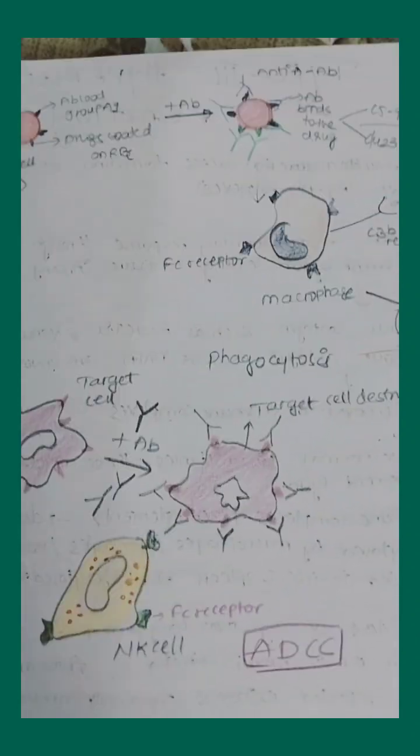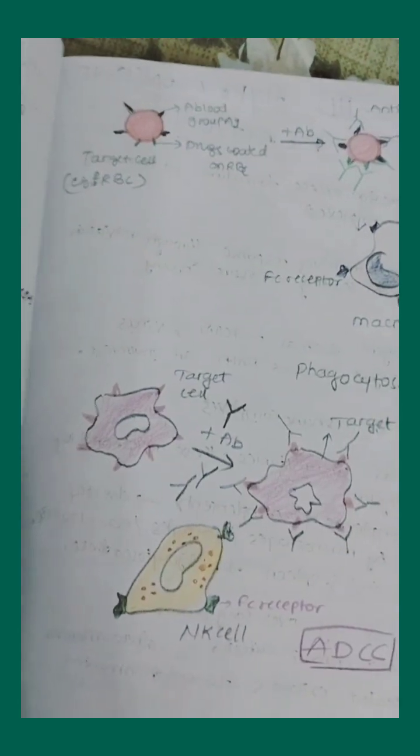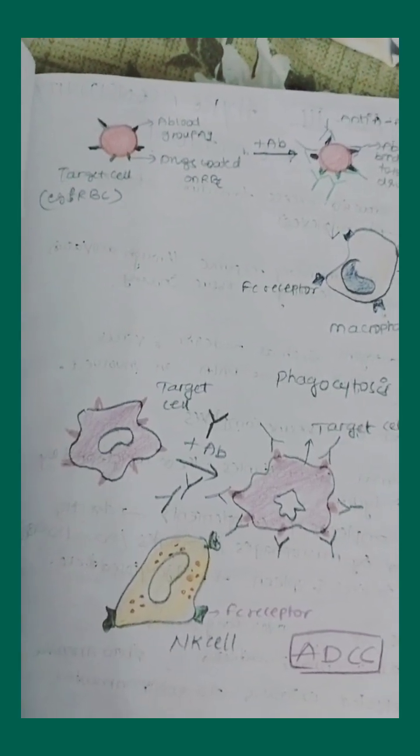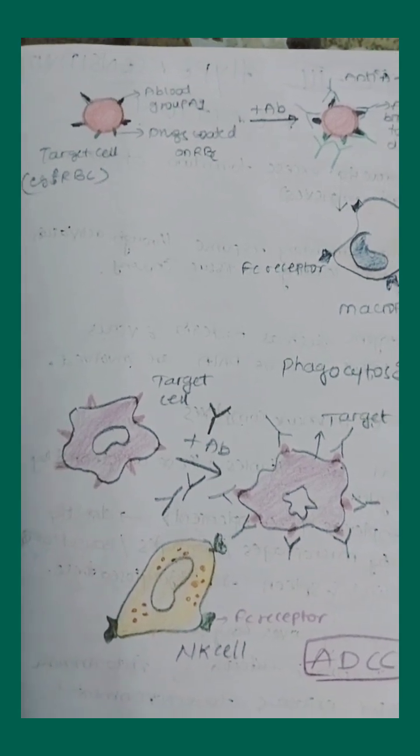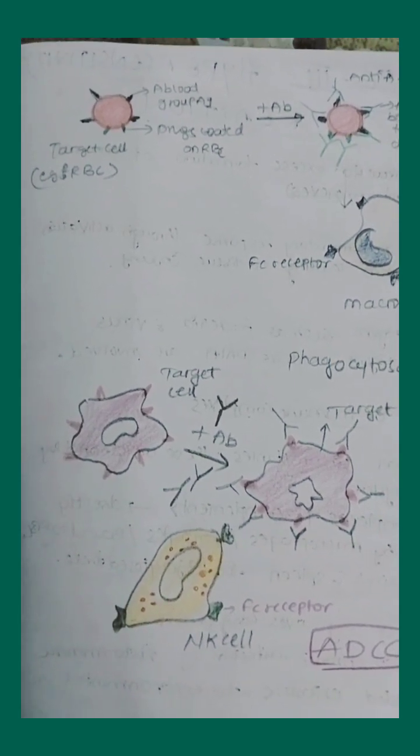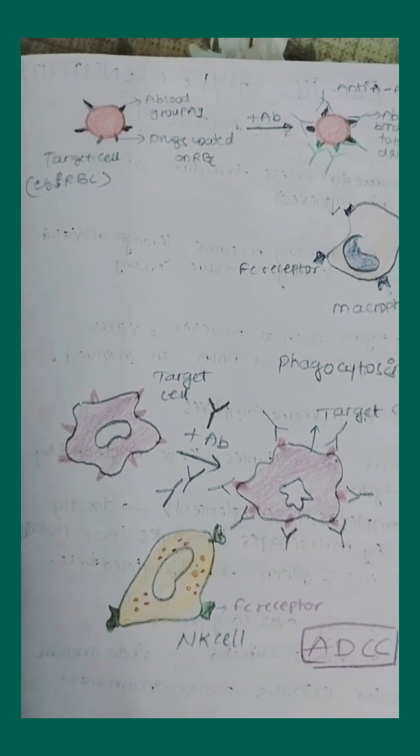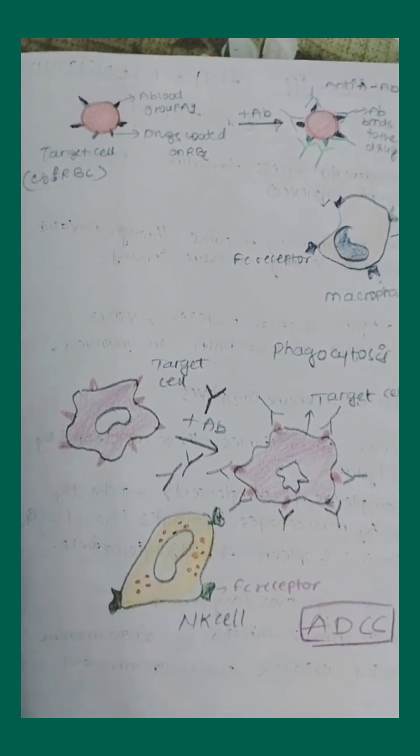Here we come to this nice diagram. This is the target cell; we will take an RBC as the example. This is A blood group, so A antigens are present on the RBC.